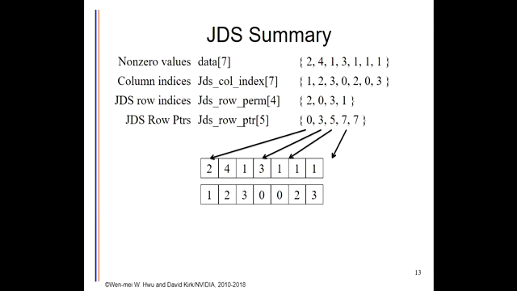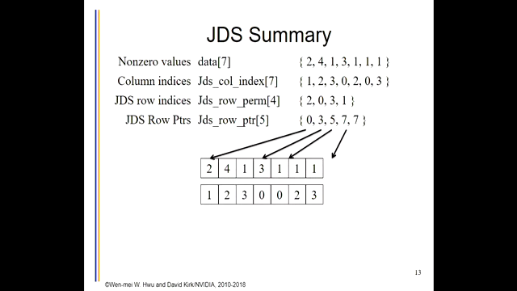So in summary, we're going to need a little bit more overhead for JDS compared to CSR. We still have the data, and we still have the column index, and we still have the row pointer, even though the row pointer values need to be adjusted a little bit according to the actual length of these rows now.